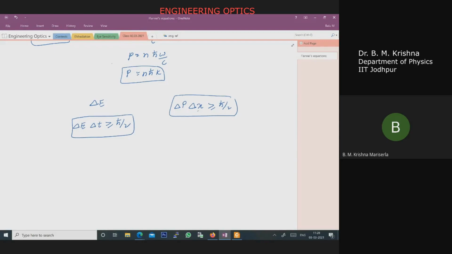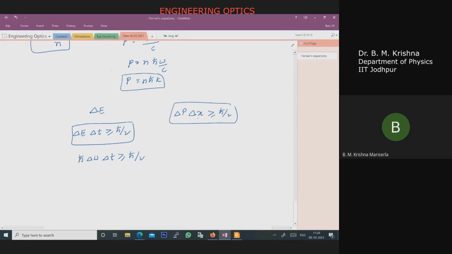How they are correlated, you can see. Delta E can be written as h cross delta omega, so delta omega delta T is greater than or equal to h by 2. You know that E equals h cross omega, and h cross is a constant. So whatever the error in your energy can be written as error in omega, and h cross gets cancelled.